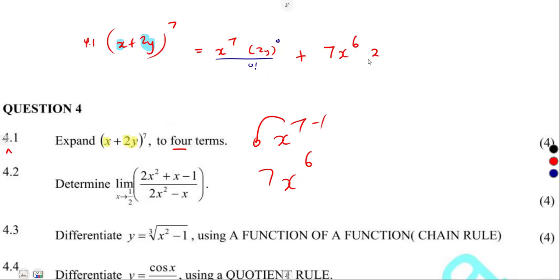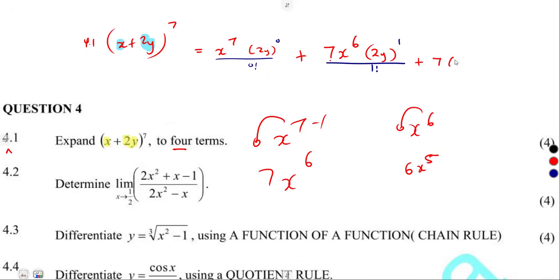The part of y there increases in terms of the exponent. The exponent was 0, now it's 1, over 1 factorial. All right, plus you do the same thing. This is now 7. You drop the exponent on that x to the exponent of 6, and subtract 1.